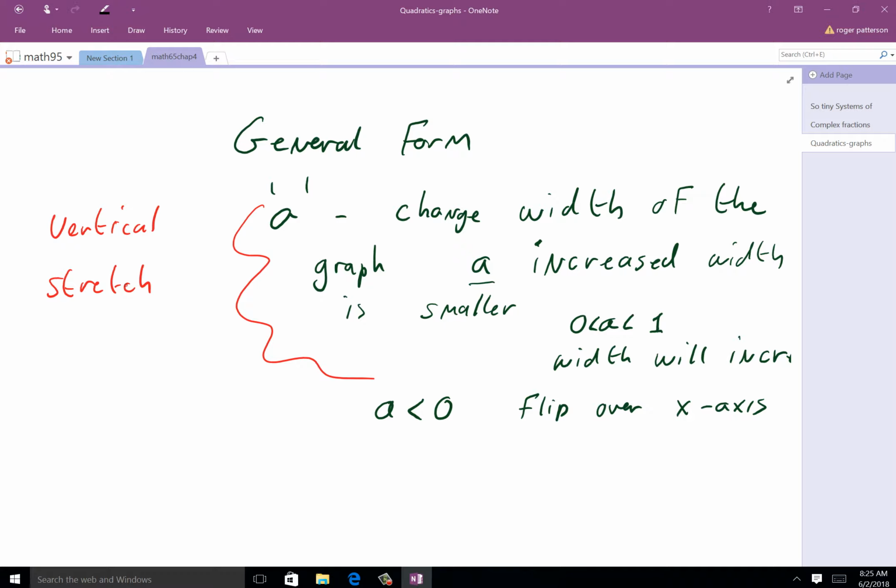You could take a triangle or any shape, and you can stretch it either vertically or horizontally. We can make it bigger, we can make it smaller, and we can move it. Those are called transformations, and that's what we're doing to these equations. We're stretching them vertically or horizontally, moving them left and right, or moving them up and down. So that's what's happening to these things. So A is basically a vertical stretch.